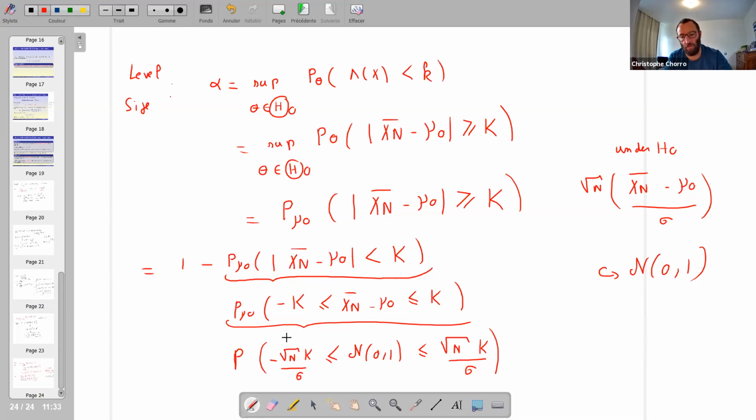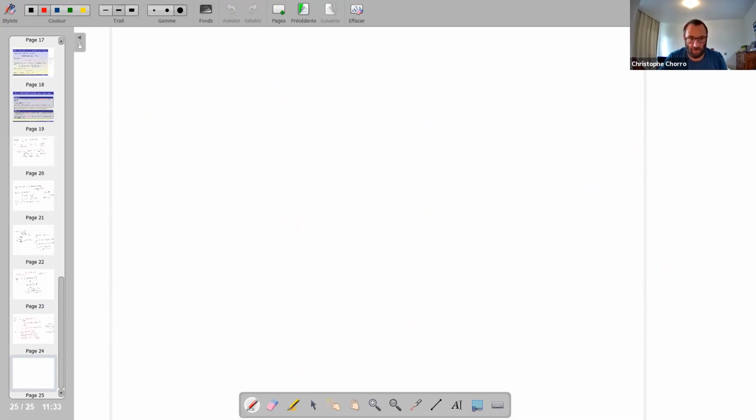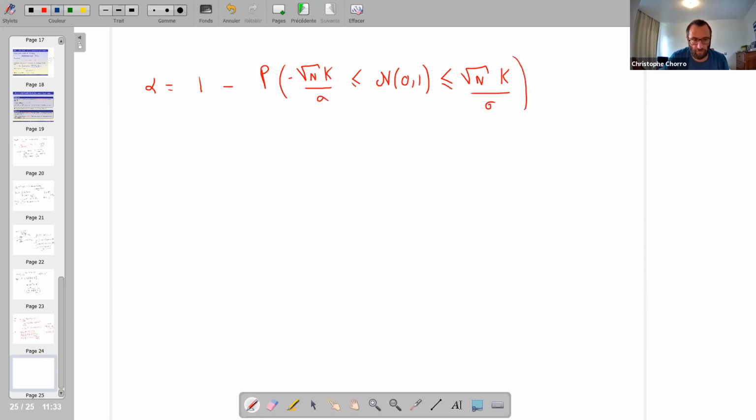And now, let's finish the computation. My alpha is equal to 1 minus the probability that the N(0,1) is less than square root of n k over sigma and greater than minus square root of n k over sigma.